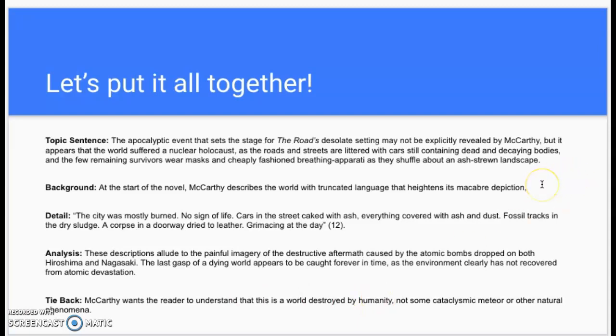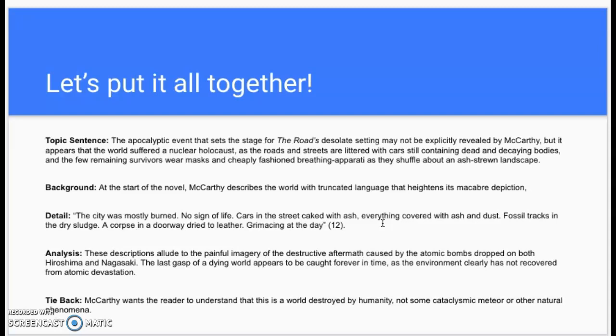At the start of the novel, McCarthy describes the world with truncated language that heightens its macabre depiction. "The city was mostly burned, no sign of life, cars in the street caked with ash, everything covered with ash and dust, fossil tracks in the dry sludge, a corpse in a doorway dried to leather, grimacing at the day."